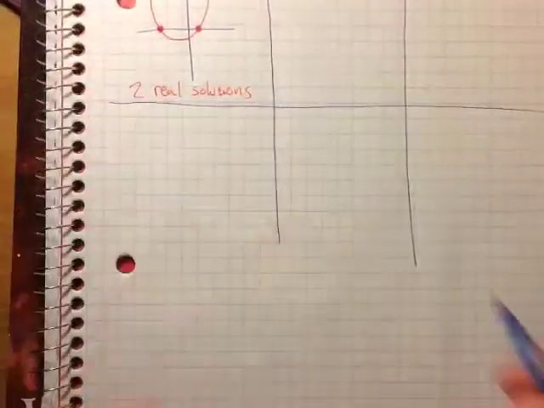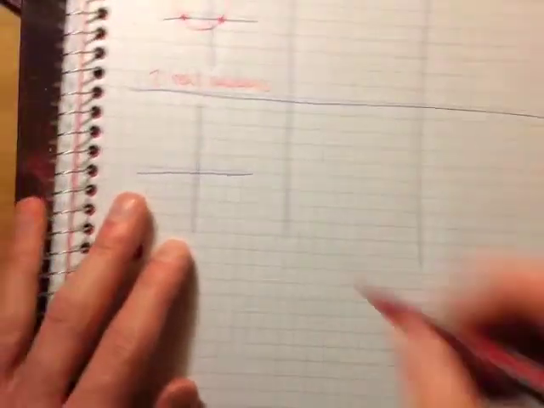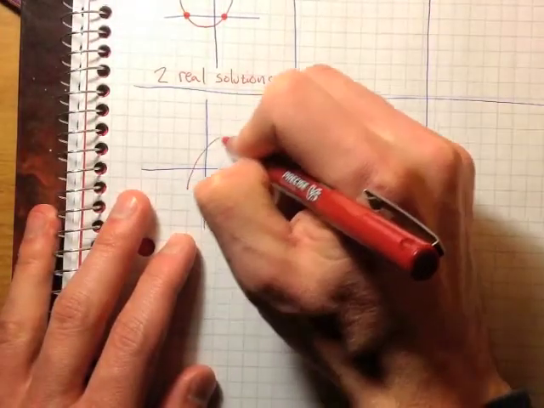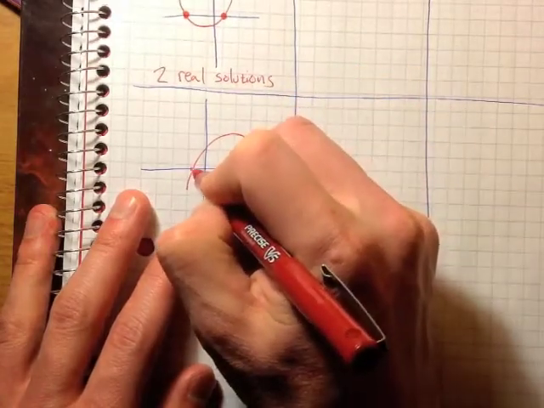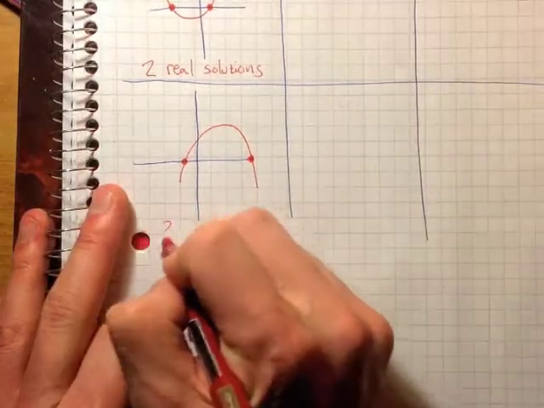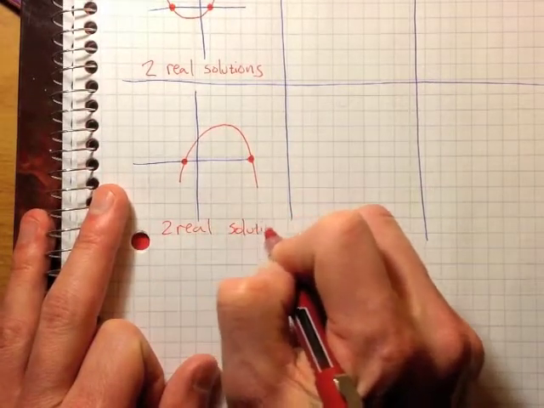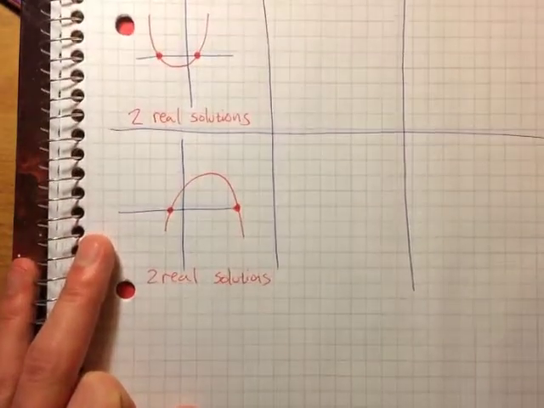Down here, I just want to show you another type of graph. You could also have a graph that is upside down, like this. That's alright. Doesn't matter if the graph is upside down. If it intersects the x-axis twice, it has 2 real solutions. Okay?